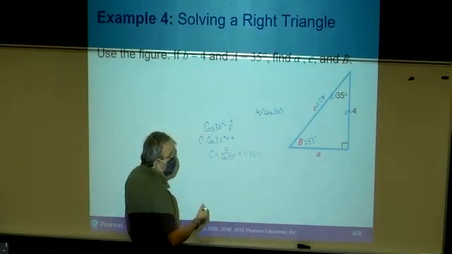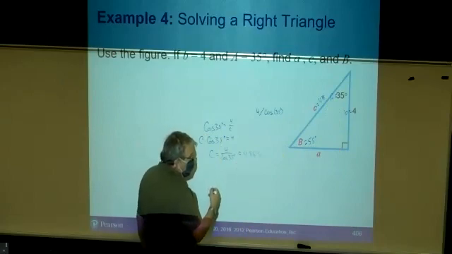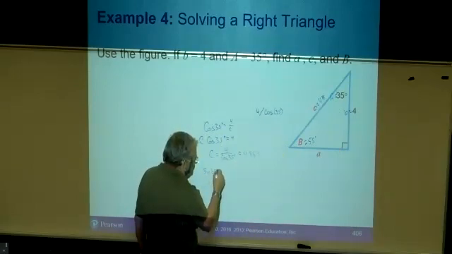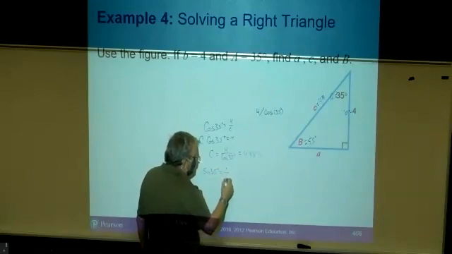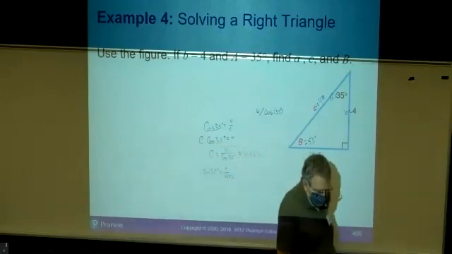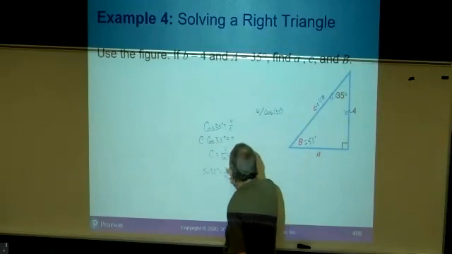So for side A, I can do the sine of 35 degrees is going to equal A over 4.883.